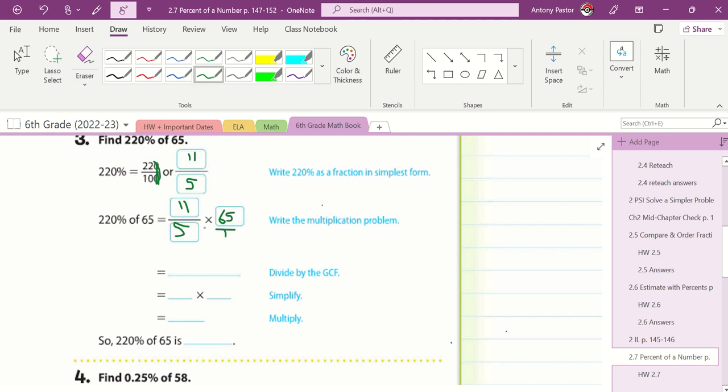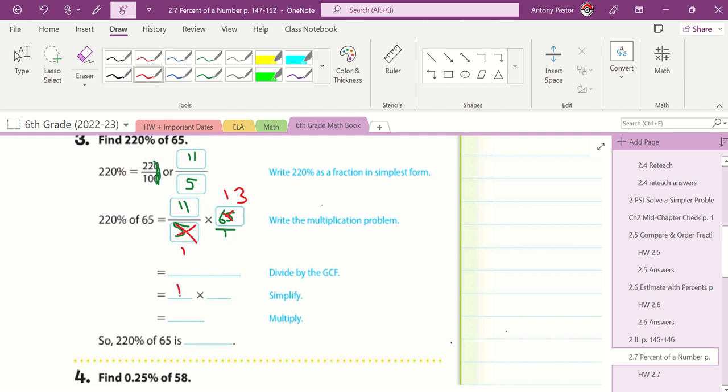I don't like this cross-simplifying thing. If you want to know what it would be, you divide this number by 5 and this number by 5. This would become 1, and I believe 5. That would become 13. And then we just multiply 11 times 13.